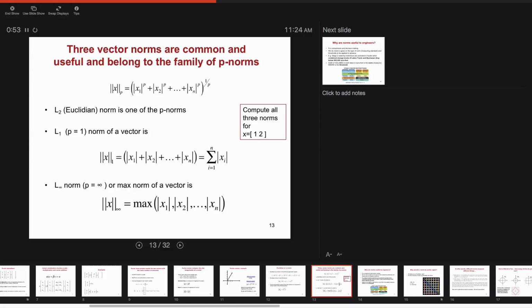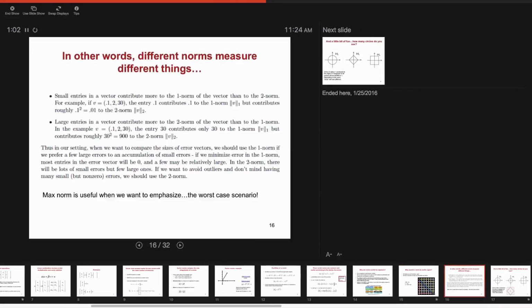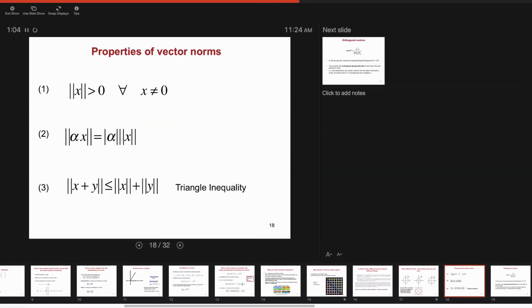And then I have a max norm, or infinity norm, which is simply the maximum of all of the absolute values. Now, in general, any measure like this could be called a norm if it is always positive, so I don't want norms of things to be negative values.